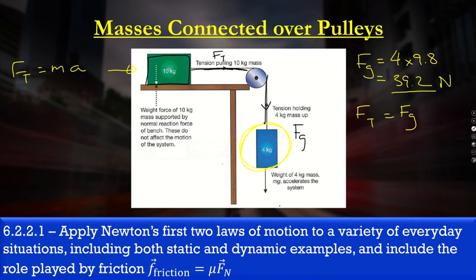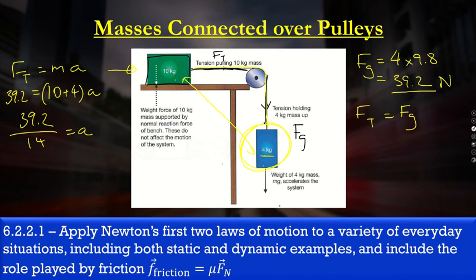But because this mass is connected via string to this 4 kg mass here, these two objects will experience the same acceleration as each other. So to write it more clearly, it should be 10 plus 4 here, times the acceleration that I'm looking for, and the weight force I'm looking at is 39.2. So it should be 39.2 over 14 equals the acceleration.